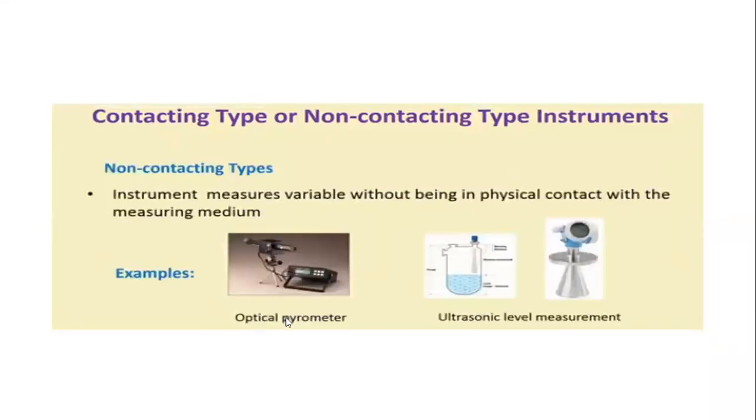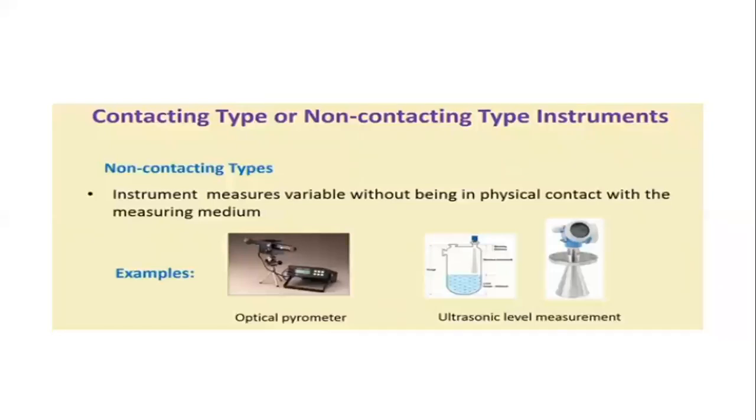These pyrometers can measure the temperature without any contact with the unknown temperature medium. So without any physical contact, we can measure the temperature by using an optical pyrometer. This pyrometer uses radiation. അതായത് above 600 degrees Celsius ഉള്ള ഒരു ടെമ്പറേച്ചർ മീഡിയത്തിന് it can produce some radiation, infrared radiation or visible radiation.